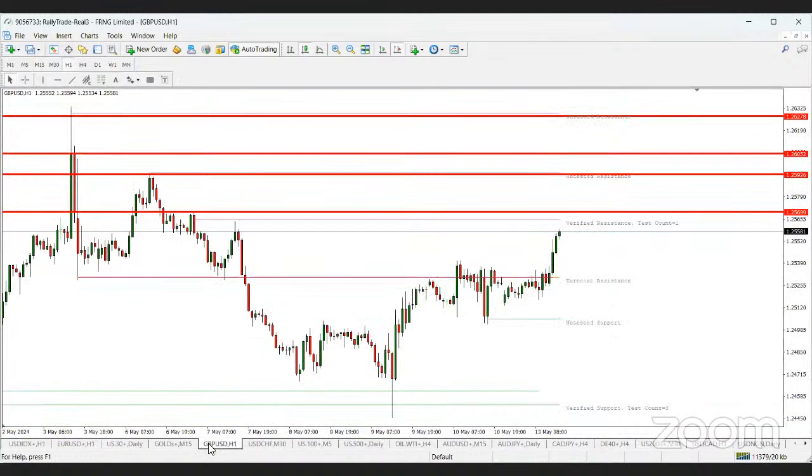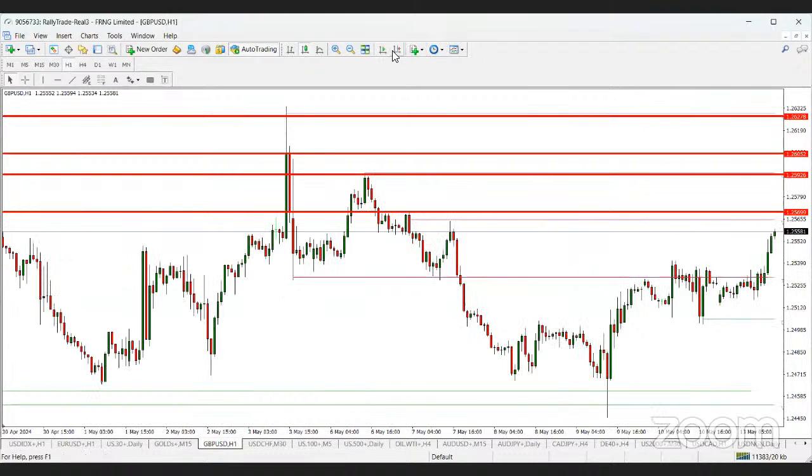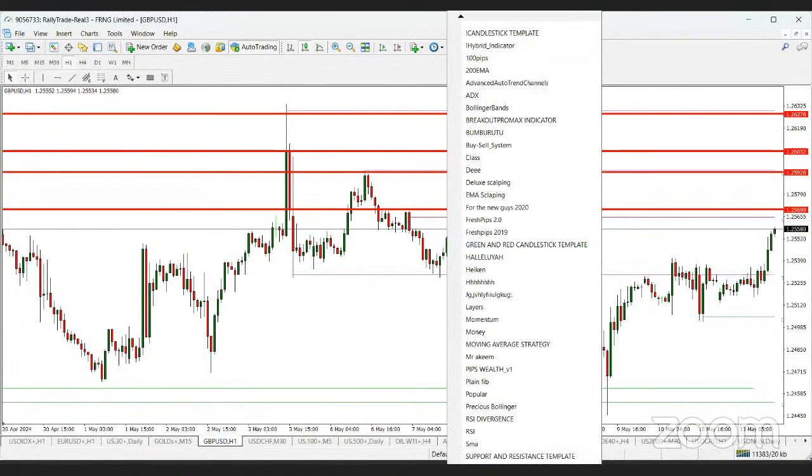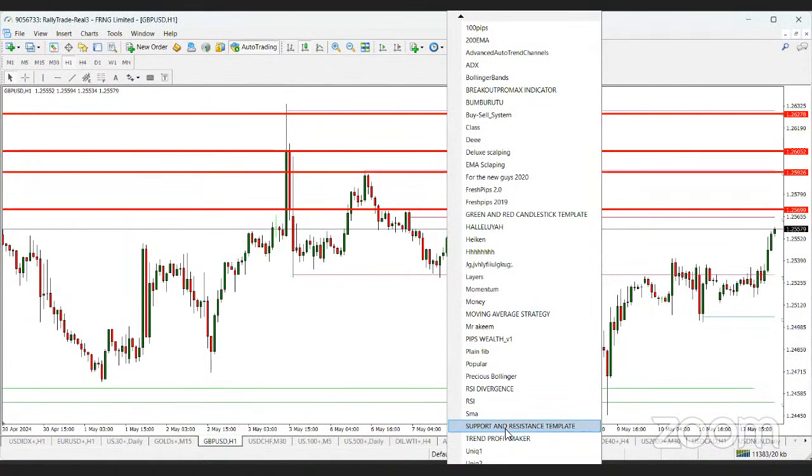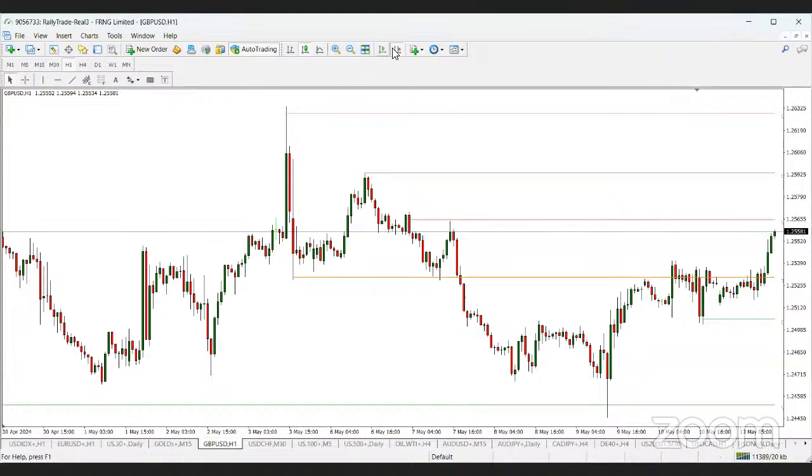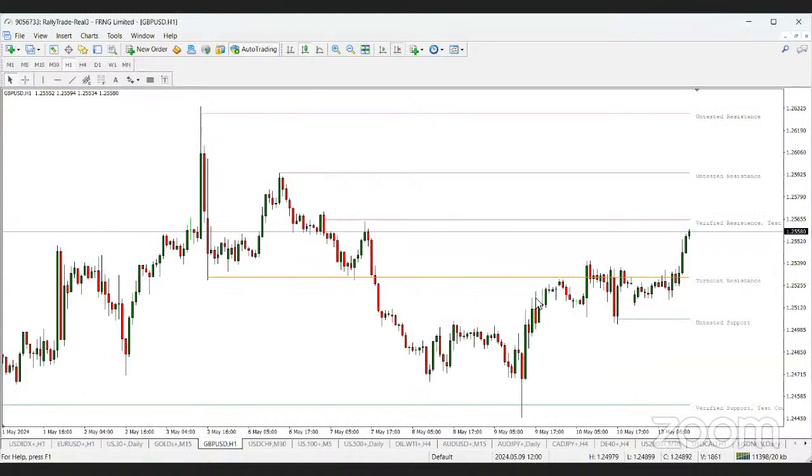So GBP USD, just like Euro USD, has been experiencing a bullish move right now. Good, clearer chart. If you look at it on 1 hour, it seems to have broken structure, but it's approaching another one.